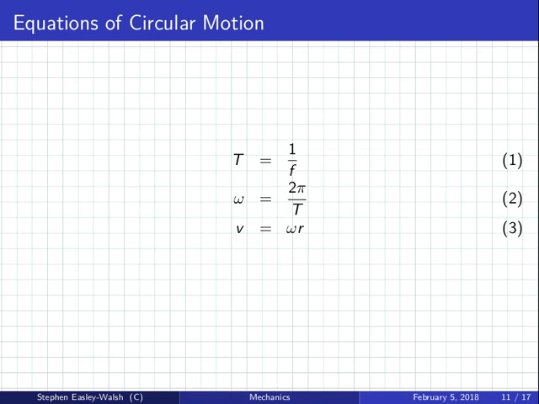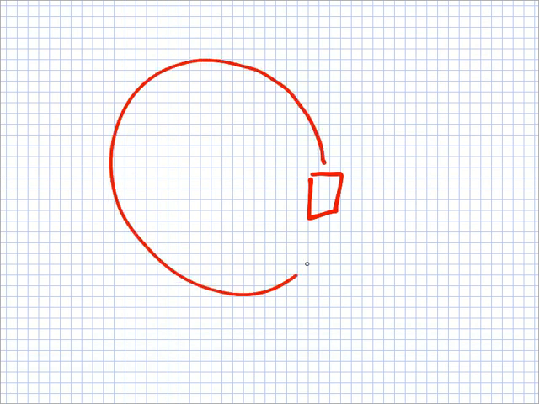V equals omega r. Now, just so you're clear what I mean by V, if you imagine a car moving in a circle, it has 2 velocities. The first velocity is the omega, how quickly the angle changes.